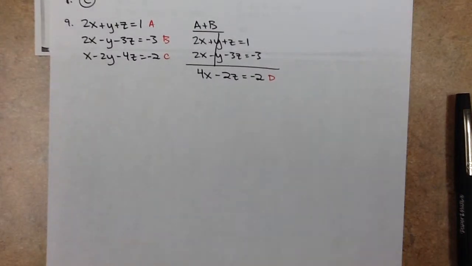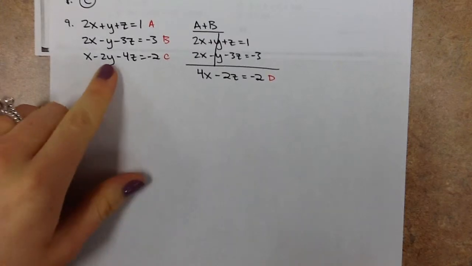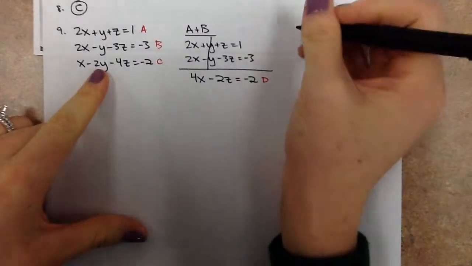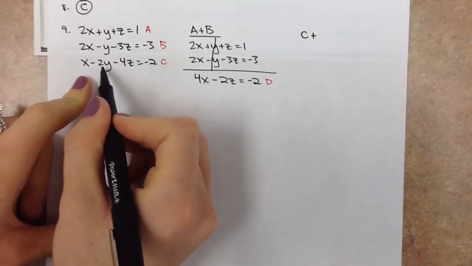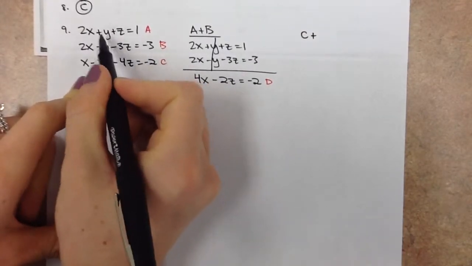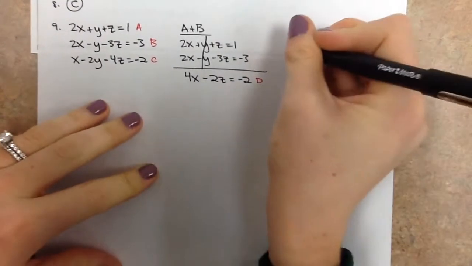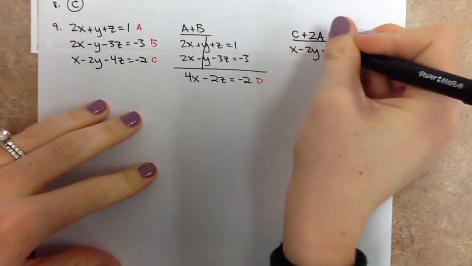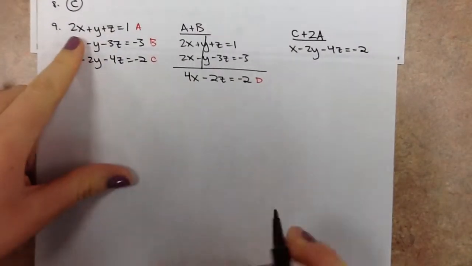All right, so next we need to eliminate y again. So now we have to use equation C for sure. So we know we're going to be using C, and then a negative 2y can only cancel with a positive 2y. So we can make this a positive 2y by doubling equation A. So here's equation C. We'll line up double of equation A underneath.